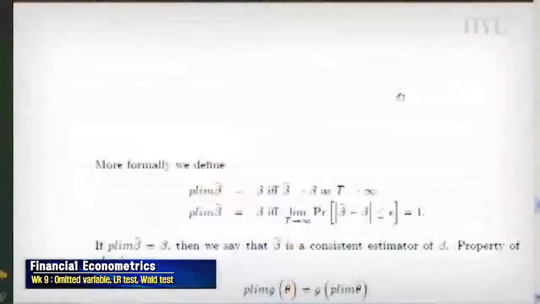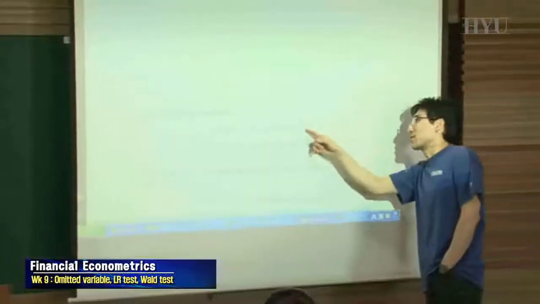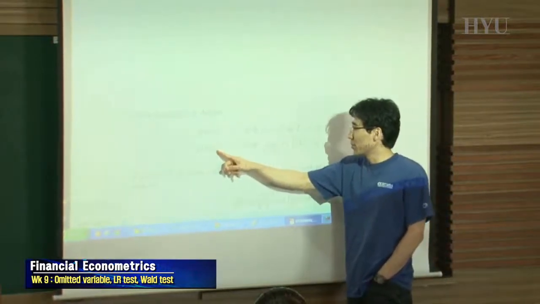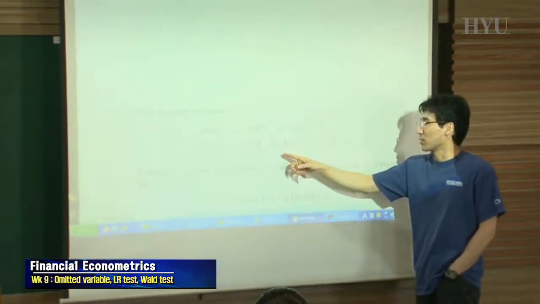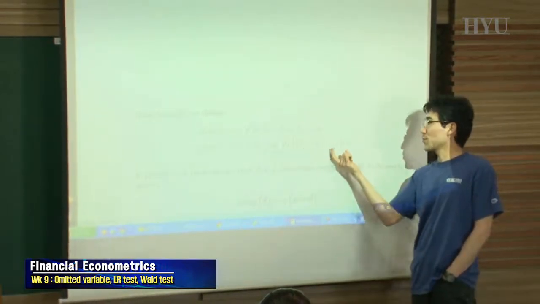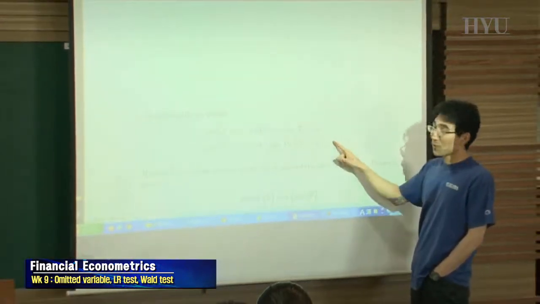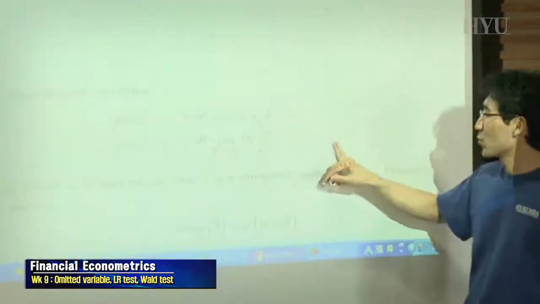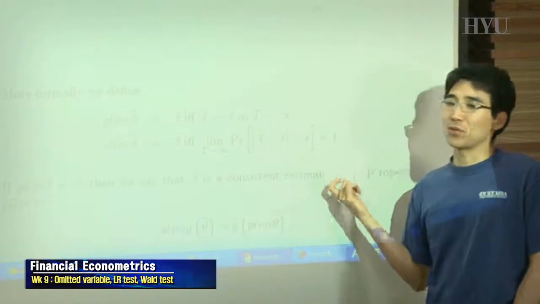Now, more formally, we express that the probability limit of beta hat is beta. It means that if T is very large, the difference between beta hat and beta will be smaller than any constant we choose, with probability 1.